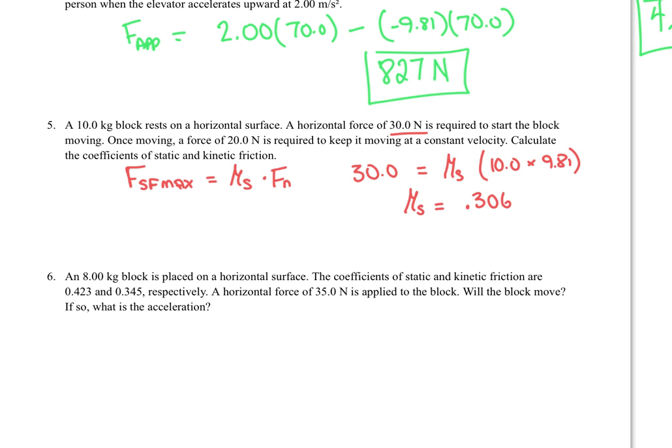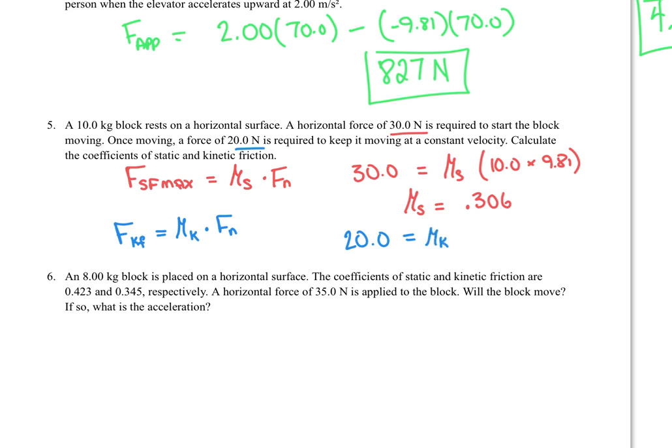Well, when we want it to keep moving, it doesn't take as much force. It only took 20 newtons of force to keep it moving. That is the kinetic friction. And that's going to be our coefficient of kinetic friction times, again, that normal force. So now we're going to say it only takes 20 newtons to keep it moving.